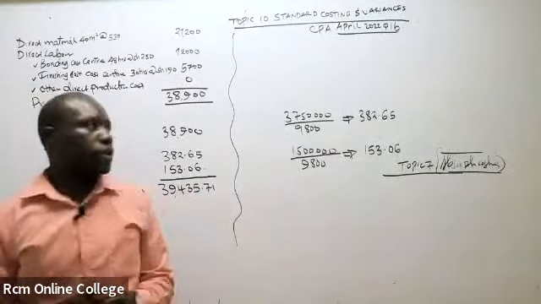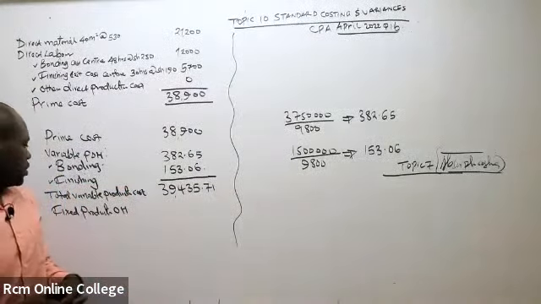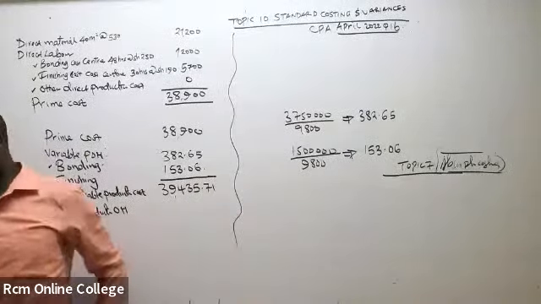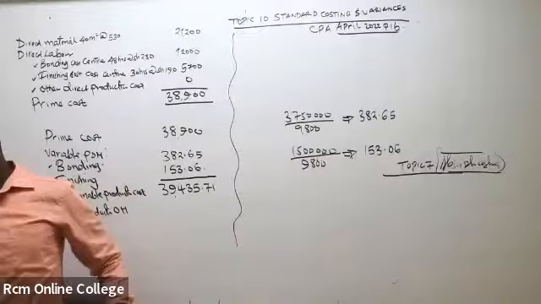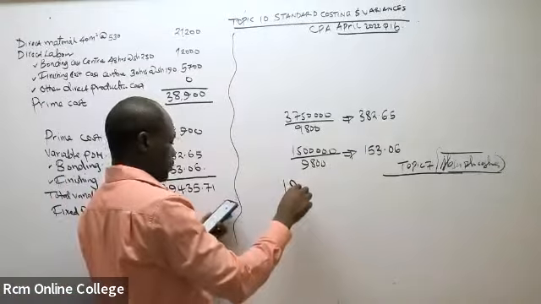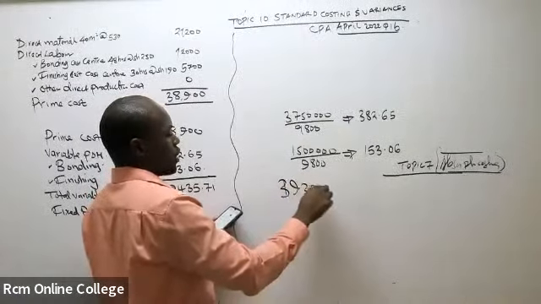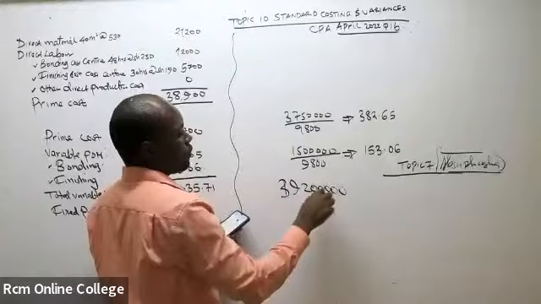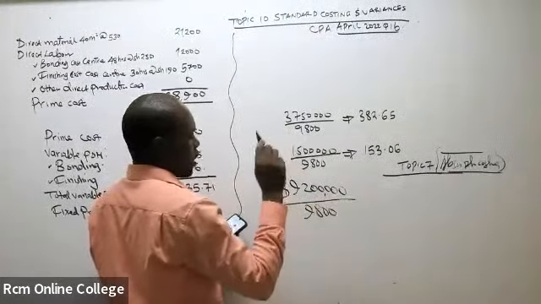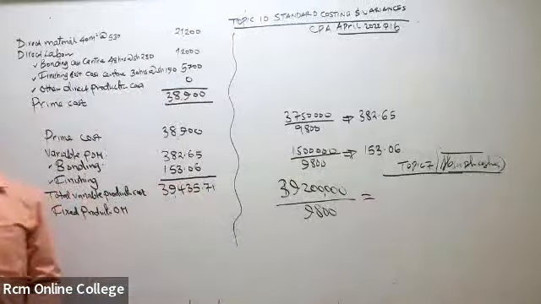Good. So somebody is asking where are we getting 4,000 from? Tumesema fixed production overheads. Tumepewa ngapi? Fixed production overheads tumepewa 39,200,000. We are supposed to divide this by 9,800 to give us the fixed overhead per unit.